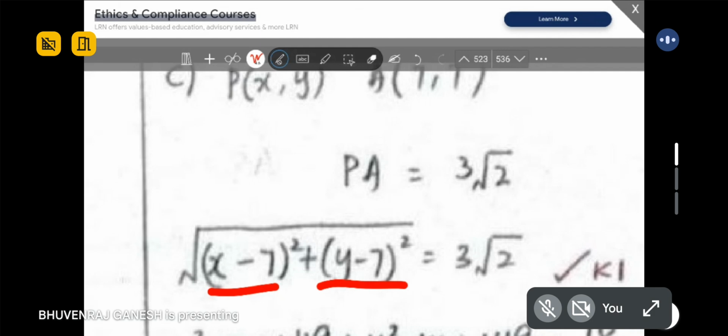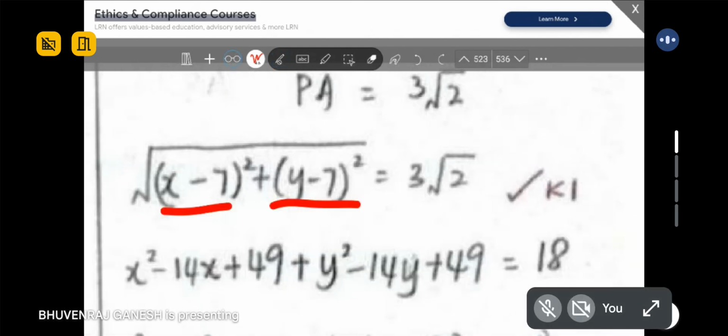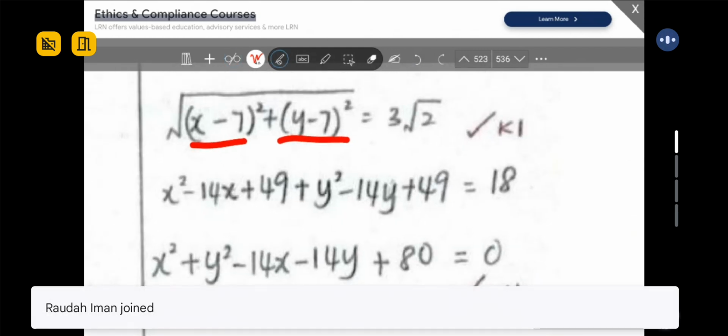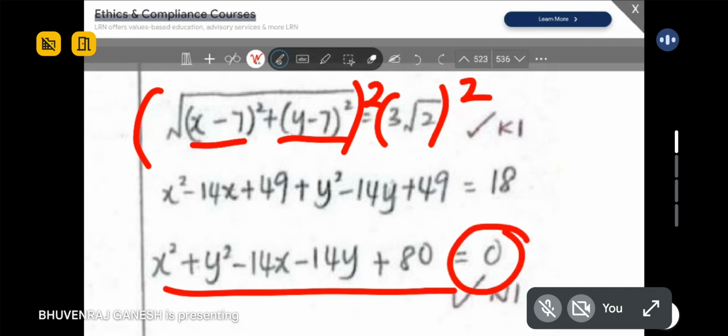So you just substitute, coordinate A is 7, 7. And then the other two, leave it as x and y. Okay, tinggalkan saja. Okay, and then you expand, kembangkan, you will get the final answer. Okay, so you just square both sides. Kuasa dua-dua belah. And then you make it equal to 0.